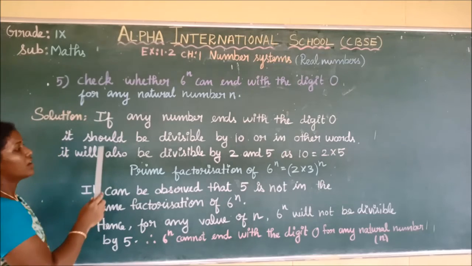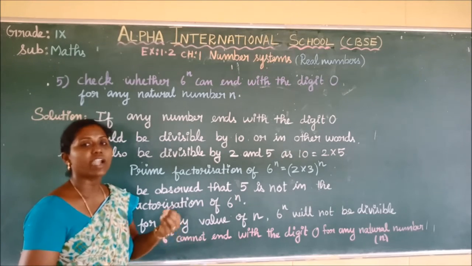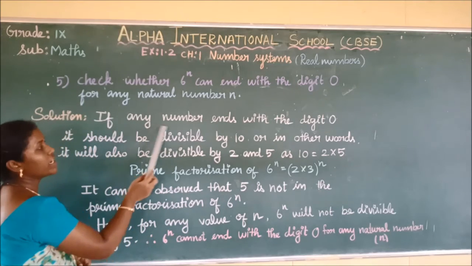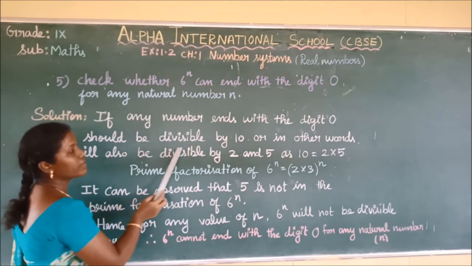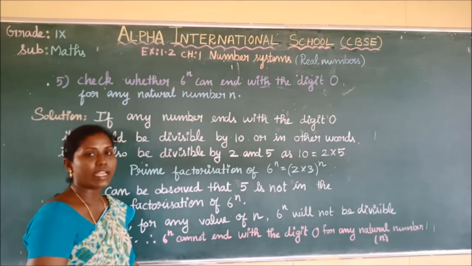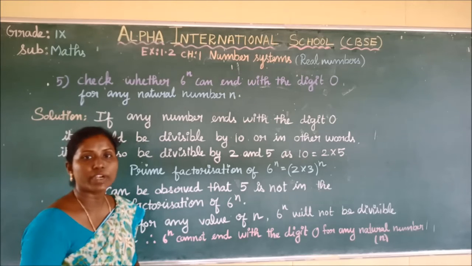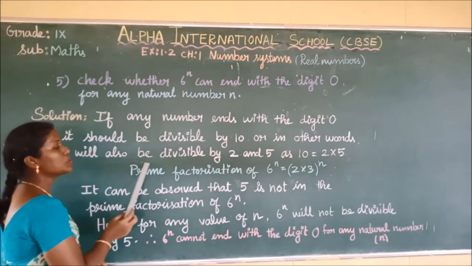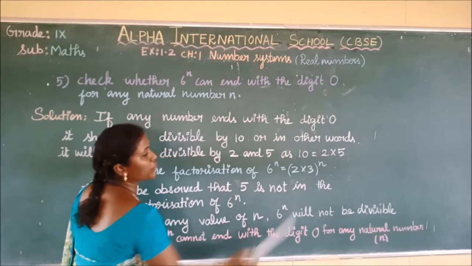See here, we can give plenty of examples, but in general we can identify whether it ends with 0 or not. See the solution. If any natural number ends with the digit 0, it should be divisible by 10. Yes, you can take any natural number that ends with 0. Surely that number is possible to divide by 10. Or in other words, it will also be divisible by 2 and 5, as 10 is equal to 2 into 5.